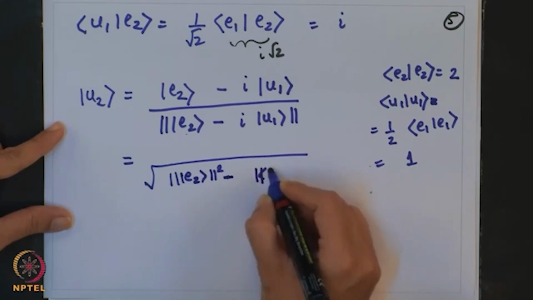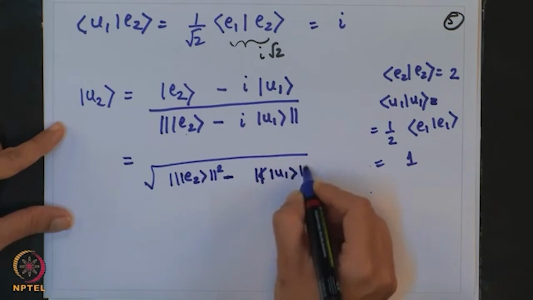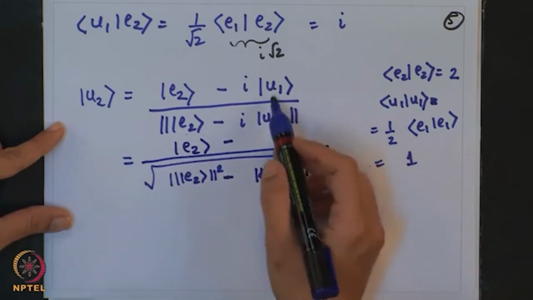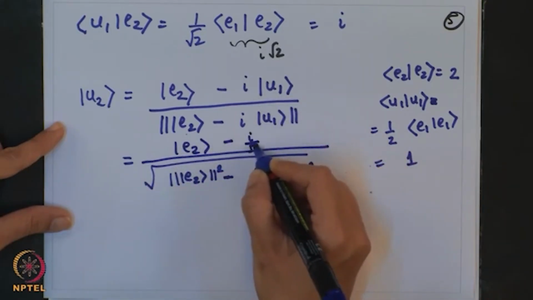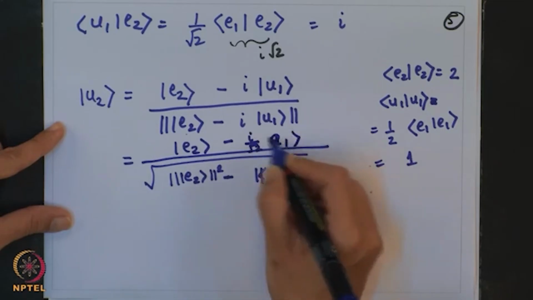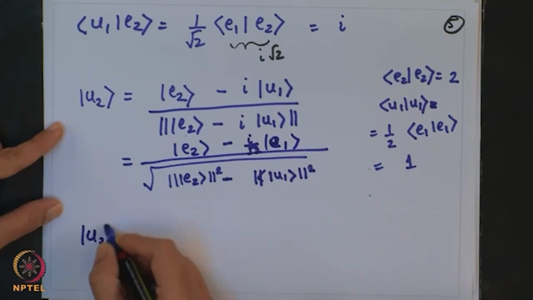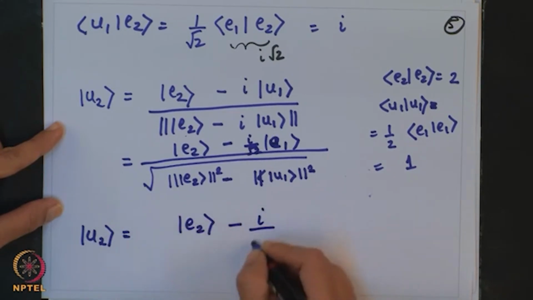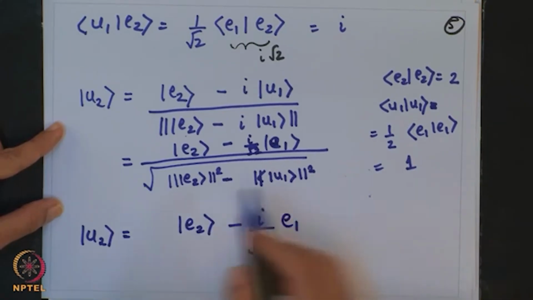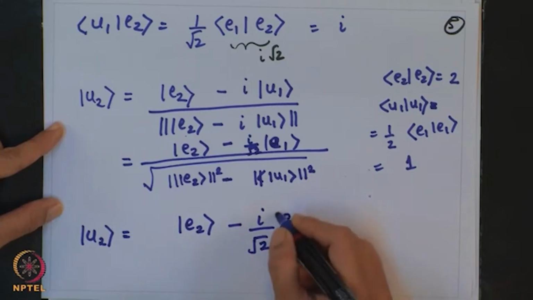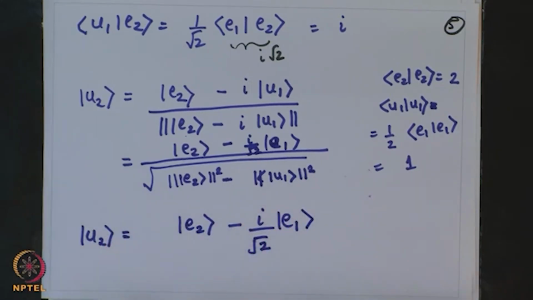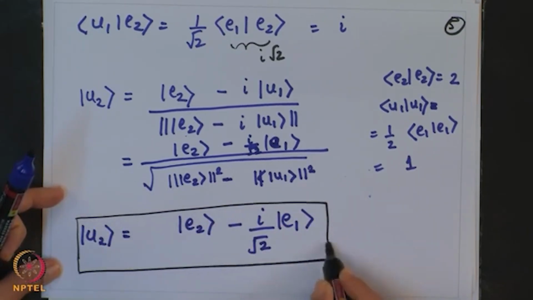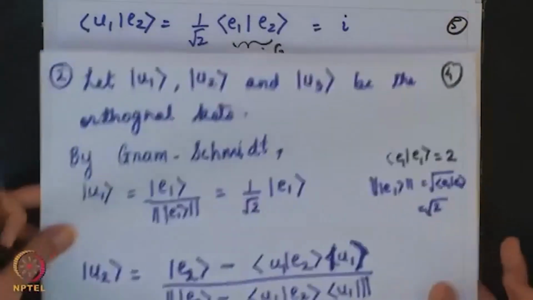So, how will I write? It will be U1 square, and in the numerator I have E2 minus U1 will be i by root 2 E1. So, the final answer for U2 I can simplify it to E2 minus i by root 2 E1, because this is 2 minus 1. So, you have 1. So, this is what I get for eigenket U2, ket 2, and ket 1 was this.